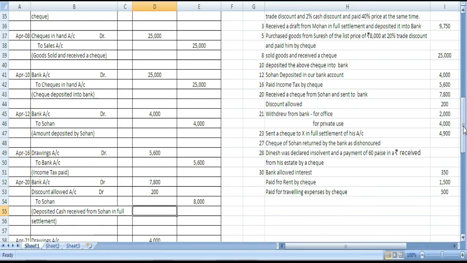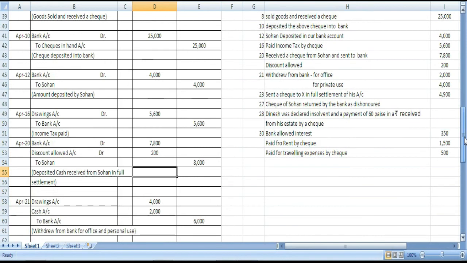Okay. Next we have April 21, withdrew from bank for office and private use. Now, when we are withdrawing from the bank for office use, we are withdrawing cash. And when we are using the money for private use, then we will write drawings. So, here we have debited drawings account because this drawings is for private use. 4,000 we have withdrawn from the bank.